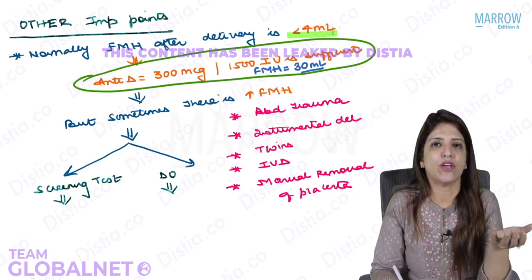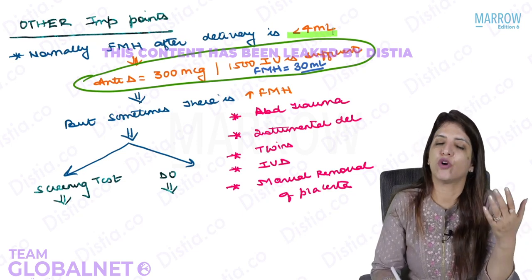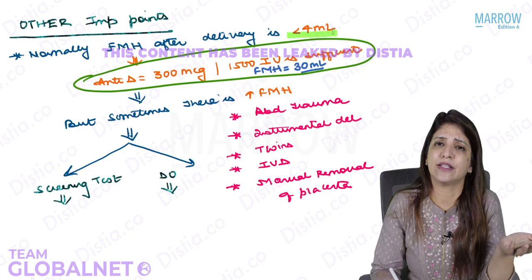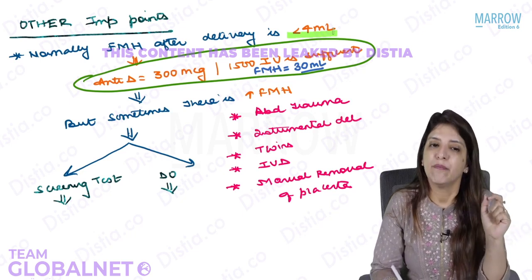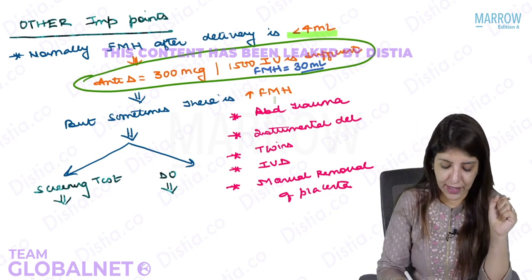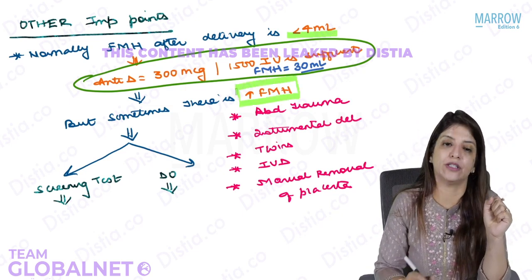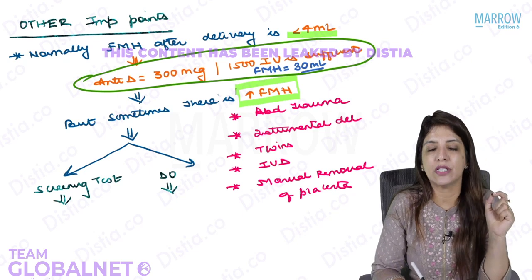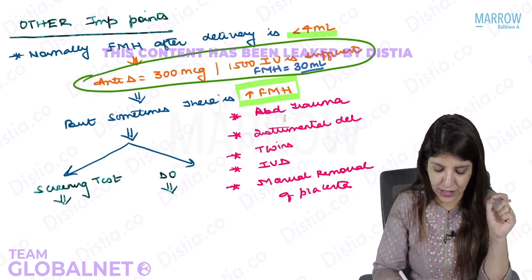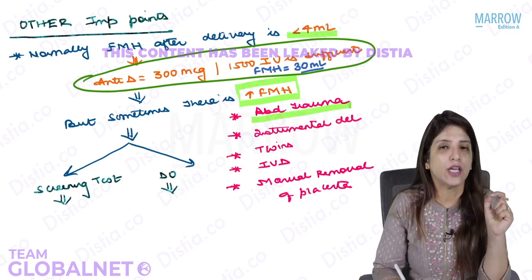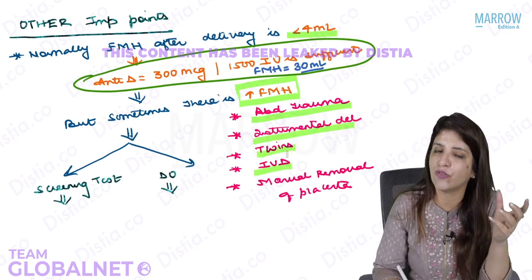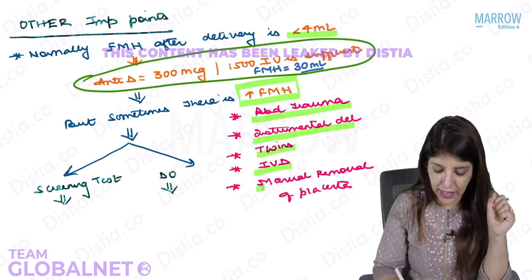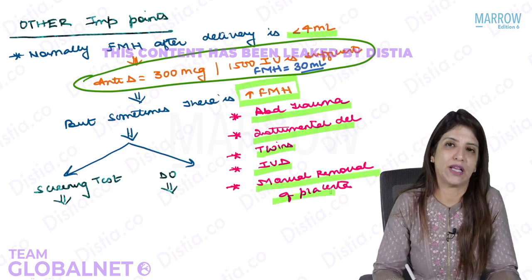Right? And so if we are giving 300 micrograms of anti-D or 1500 international units of anti-D as a postpartum prophylaxis, that's absolutely fine. But many a times what happens is that there is increased feto-maternal hemorrhage. Increased feto-maternal hemorrhage happens if patient has history of abdominal trauma, if you have done instrumental delivery, in twin deliveries, in case of intrauterine death of the fetus, in case of manual removal of placenta.